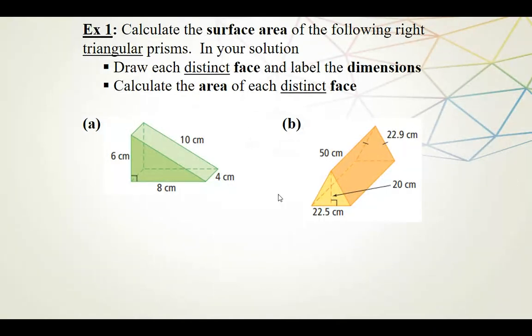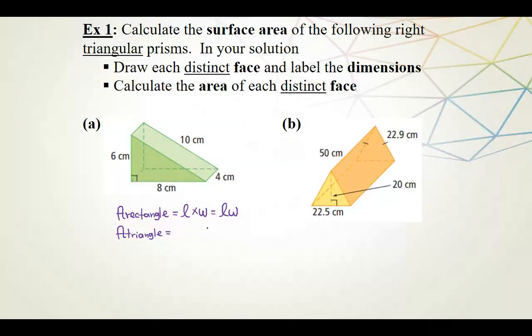I should point out, just before we get this started, just as a reminder, the area of a rectangle is equal to the length of the rectangle times the width, or if we don't show the multiplication operator, it's L times W. We're also going to use the area of a triangle.